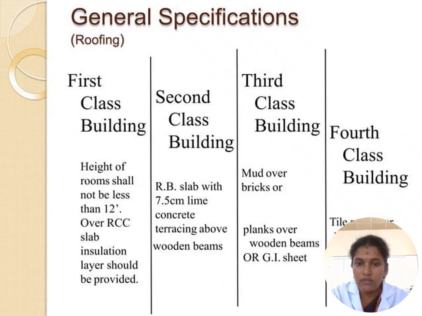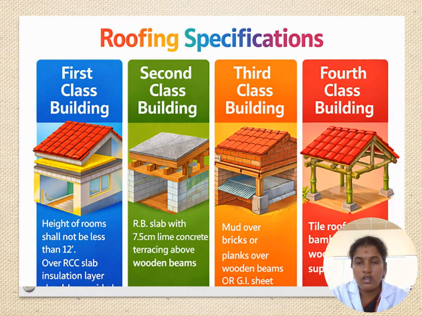For roofing, we will see some images. This is for first class building, second class, third class and fourth class. For the first class, we are using RCC slab. For second class, we are using lime concrete slabs above the wooden beams. For the third class building, we are using mud or bricks over the wooden structure. So it is varied here, right?